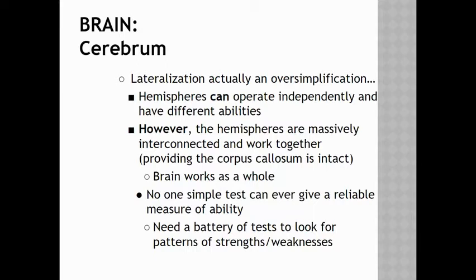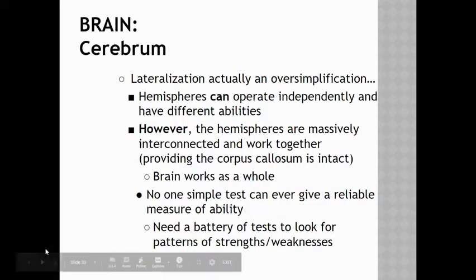The brain actually works as a whole. You're not only using the left side or only using the right side. And no one simple test can ever give a reliable measure of ability. You would need a battery of tests looking at a multitude of factors and looking for patterns of strengths and weaknesses, not one test and one test alone.